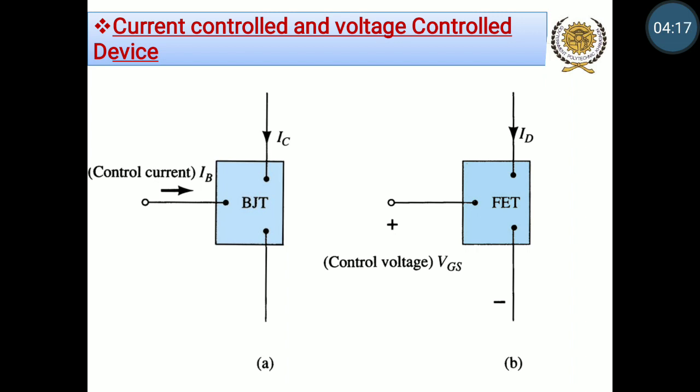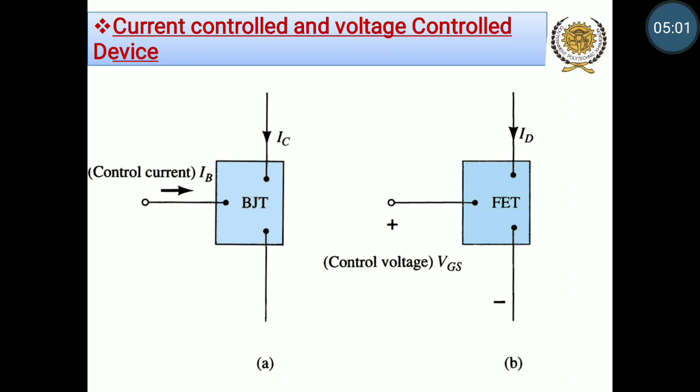Now let us move towards figure B. In figure B, there is a representation of FET having three terminals, that is drain, gate and source. In FET, ID is drain current, which is also called output current, and VGS is gate to source voltage, also called input voltage. In FET, the gate terminal acts as the controlling terminal, so the voltage applied between gate and source is also called control voltage.